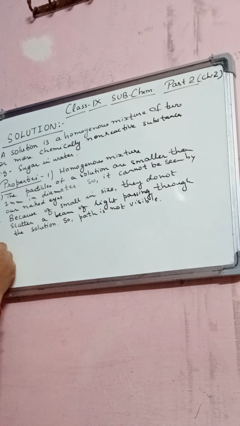Right, students? Number 4 is how to separate the solution. Because it is a homogeneous mixture, it cannot be separated by the method of filtration. And the solute particles do not settle down when left undisturbed.